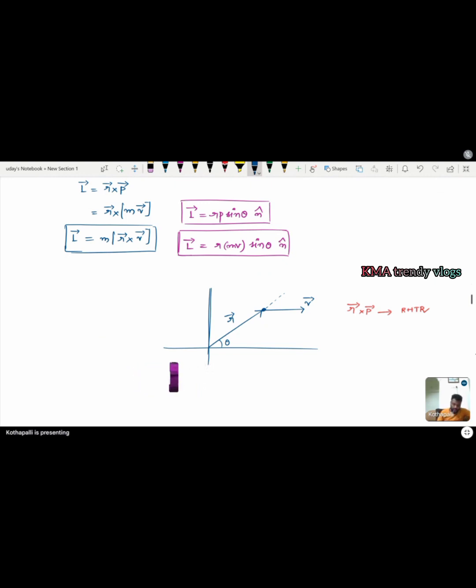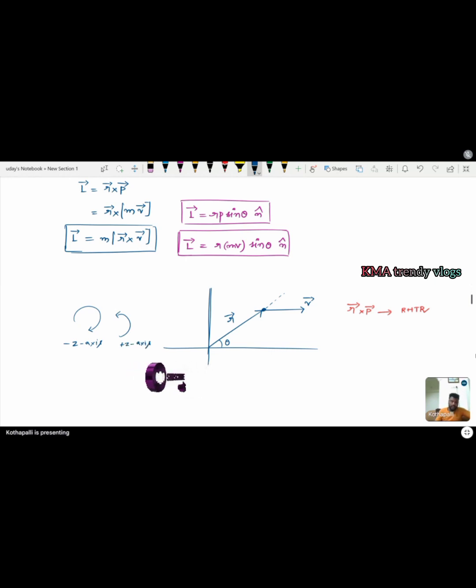So it appears to be into the plane. Actually, as I told you, clockwise, anti-clockwise. Clockwise, I mean like this, into the plane. What is that? Minus z axis. Anti-clockwise like this is outside the plane, which is positive z axis.